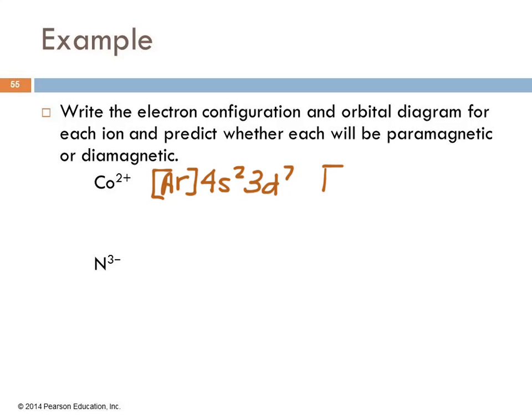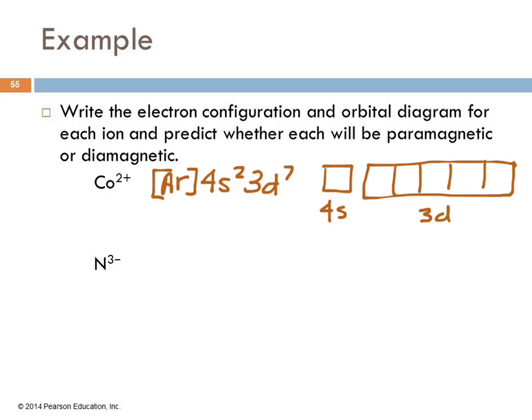So here's our 4s box, and there's our 3d box. And this is where Hund's rule is important. So there's 2 in there. Oh, that doesn't show up very well. I wanted it to be different. There we go.